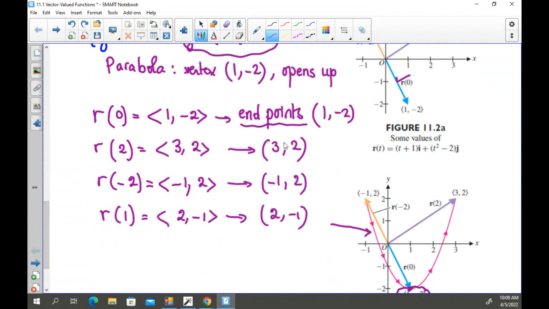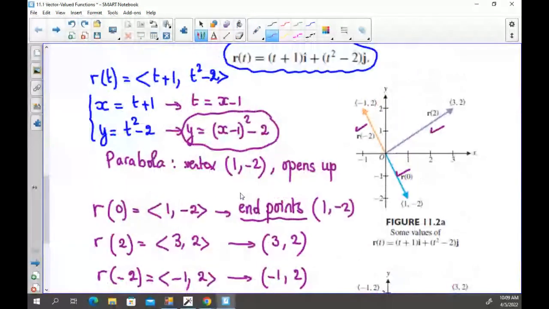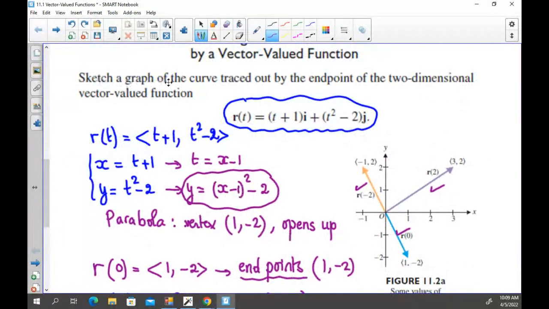And when you put all of these endpoints together, they will give you the parabola that we have here. Are we okay with this? So that is the first question: sketch a graph of the curve traced out by the endpoints of the two-dimensional valued function.